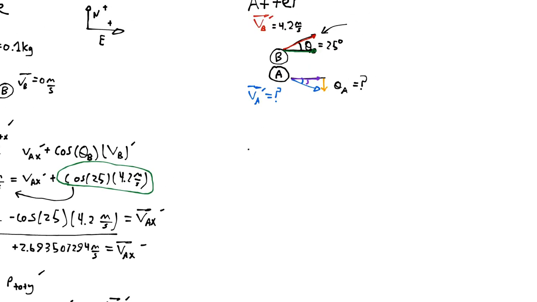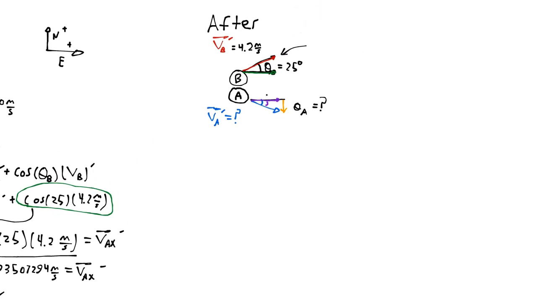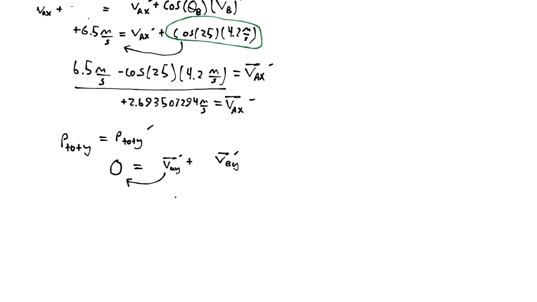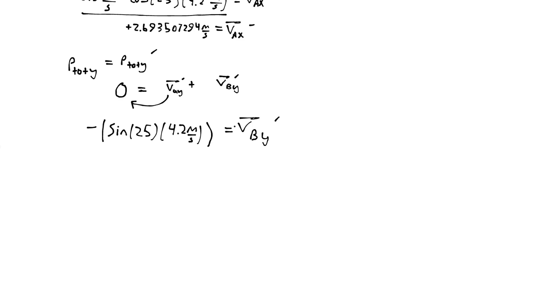So VAY prime is going to equal sine 25 multiplied by 4.2, right? So here we'll move that one over, and then I'll fill that one in. So I'll skip ahead. Okay, so I just moved it to the other side there, and it's negative because I moved it to the other side.